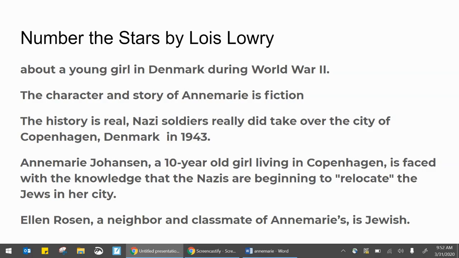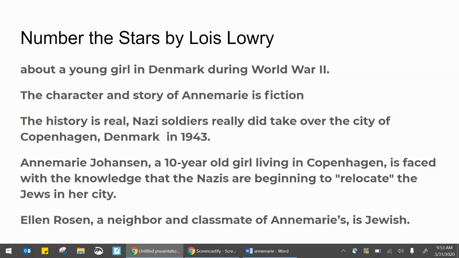And Anne Marie Johansson is a made-up character, a 10-year-old girl who lives in Copenhagen. She's faced with the knowledge that Nazis are beginning to relocate the Jews in her city. As you recall, when she went to the button shop, Mrs. Hirsch was missing and her shop was closed. And that was something to take note of because in that time period of history, the Nazis started to gather up any person who was of the Jewish religion, faith, and relocate them.